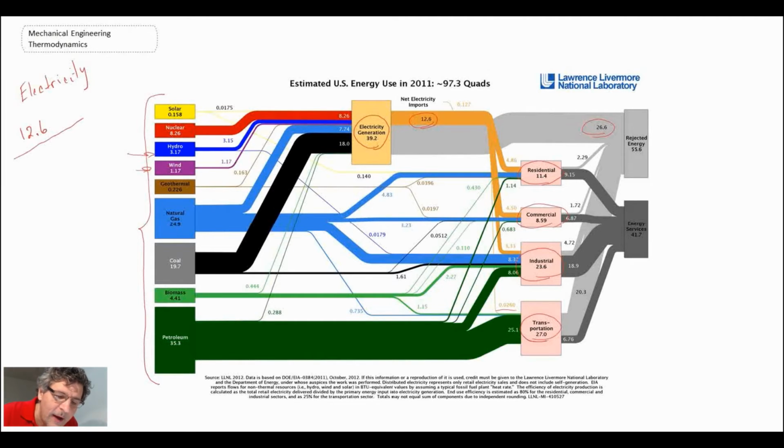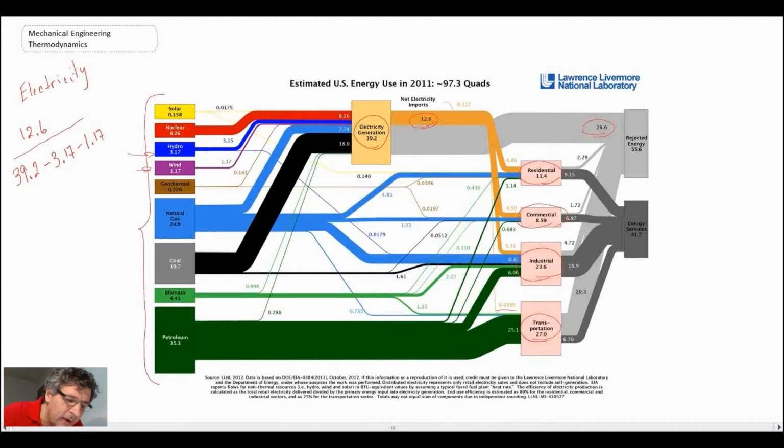And so we have 39.2 quads. I will subtract off the amount due to hydro, which is 3.17, and I will subtract off the amount due to wind, which is 1.17. The reason why I'm subtracting those off is because what I want to do is get a quantification in terms of the efficiency of electricity production.